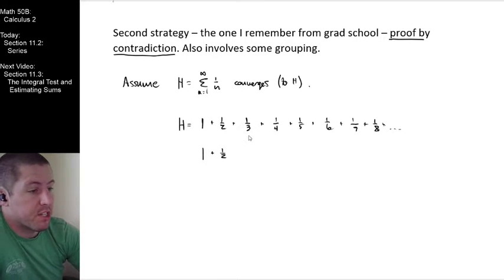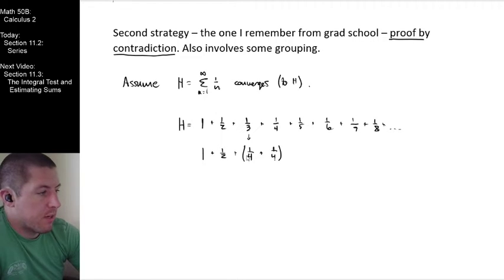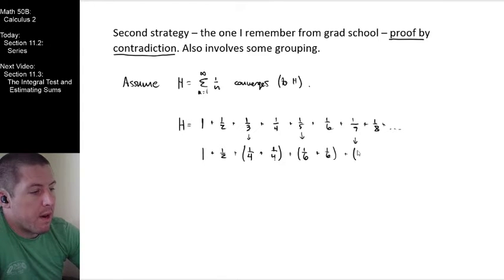I'm going to change 1/3 to 1/4, just like we did in the previous grouping, but I'm going to go a little bit different from here. So we're still going to do that as a fourth and a fourth. So you can see that we're clearly getting a half from this guy. For the next grouping, I'm going to turn 1/5 into 1/6. All right. For the next grouping, I'm going to turn 1/7 into 1/8. All right.